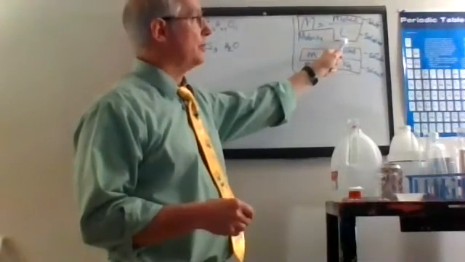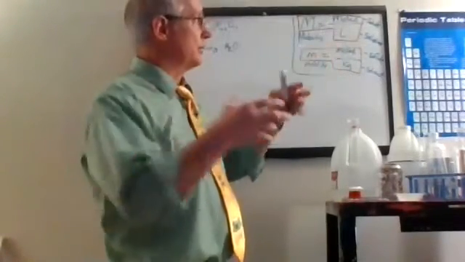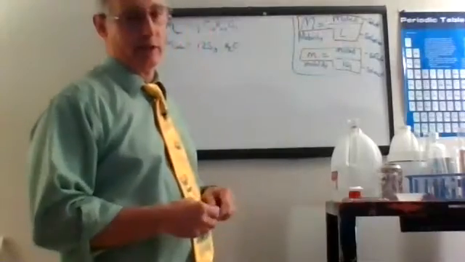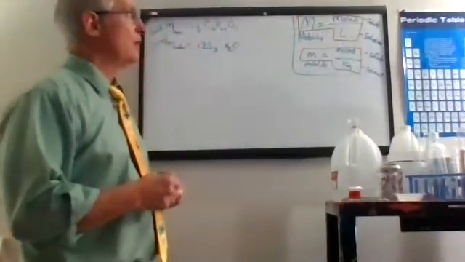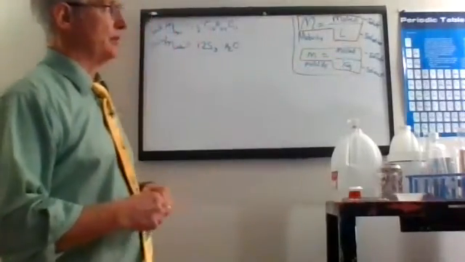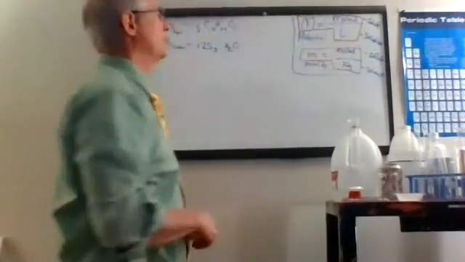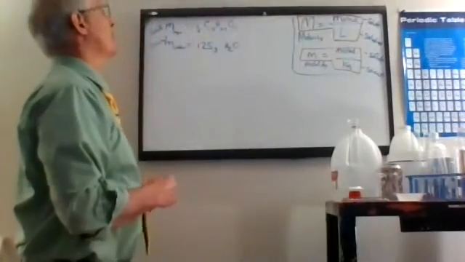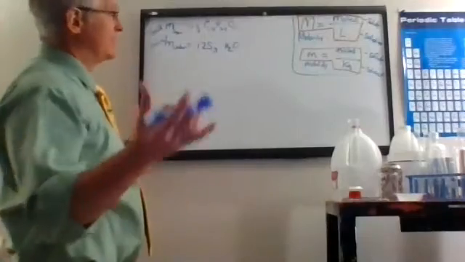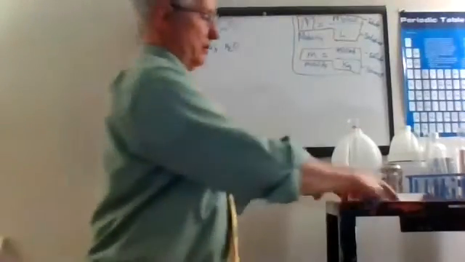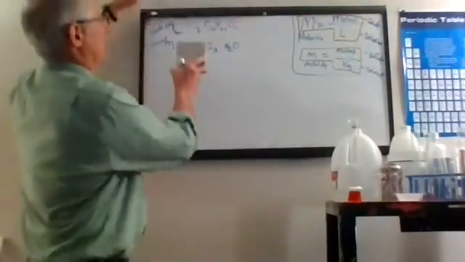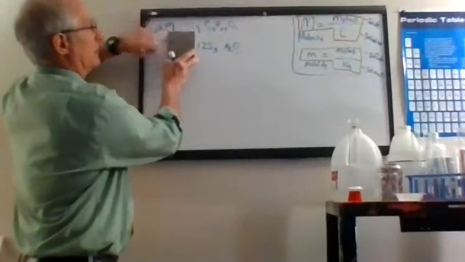When it gets hotter, it expands. Cooler, it contracts. But mass doesn't change whenever the temperature changes. So this formula is still good with any temperature. This formula changes because that molarity changes.